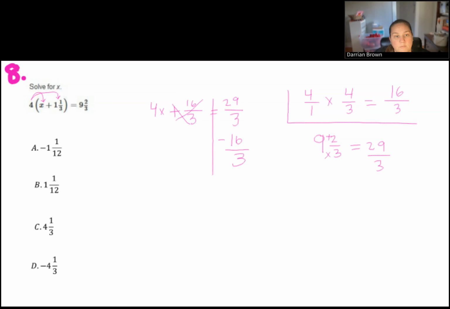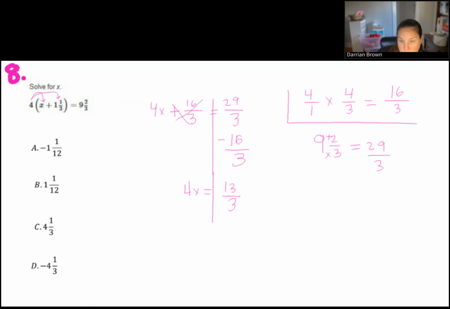On this side, we're left with 4x. And on the top of those fractions, what's 29 minus 16? Good, Deuce. It is 13 on the top. Keep the denominator of 3. So now we're left with 4x equals 13/3.